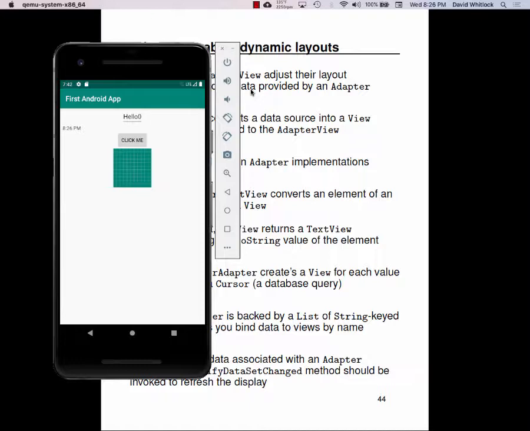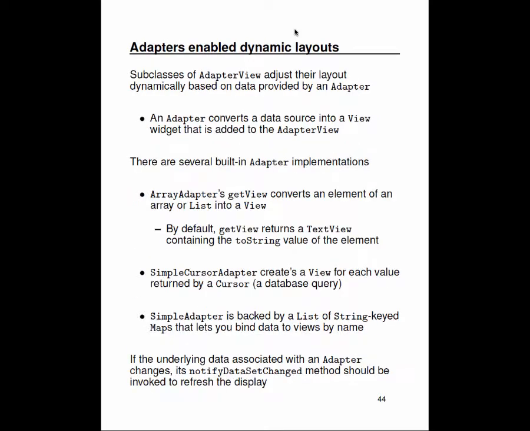It's not like you're going to have built-in data. Your data is dynamic, right? So it'll be determined at runtime based on what the user does, what your UI is populated with. And this kind of dynamic layout with dynamic data in your UI is enabled using something called an adapter.